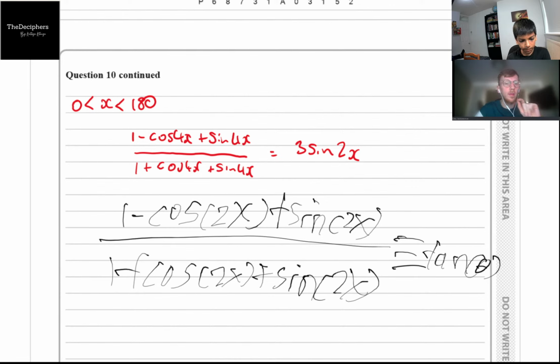Yeah, remember don't mix up your thetas and x's because you've got x's on the left but thetas on the right. Tan x.